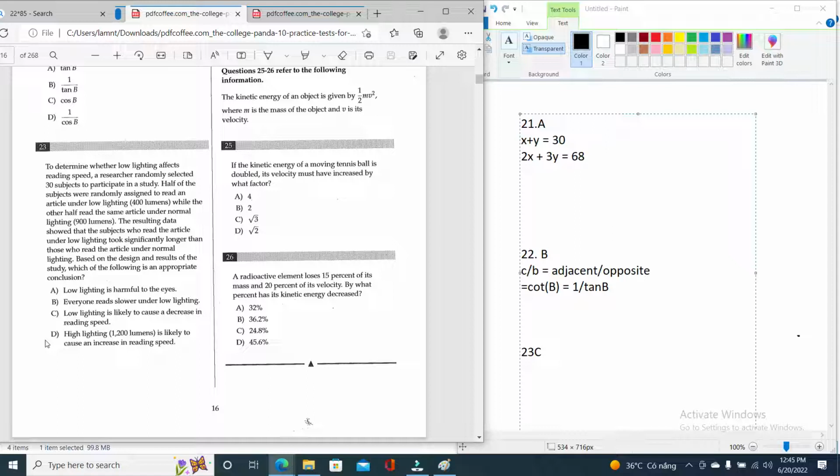Because those who read under 400 lumens lighting read significantly longer than those who read under 900 lumens lighting. Alright.